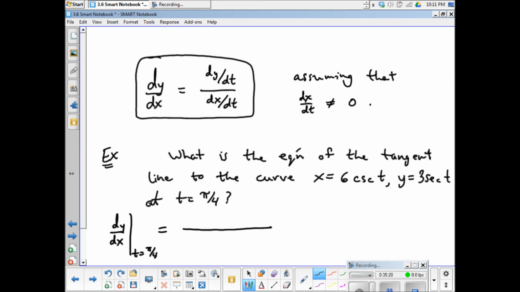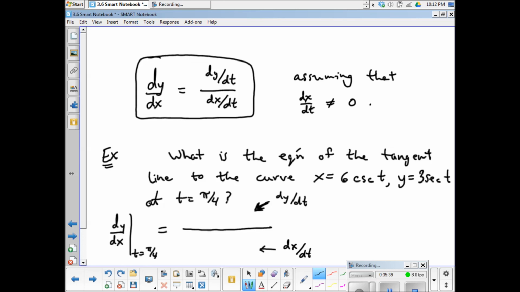So we'll just take the derivative of y first. Very important. Don't do x on top. Slopes always involve rise on top. Okay, so this is a ratio of two derivatives, and dx dt goes on the bottom.